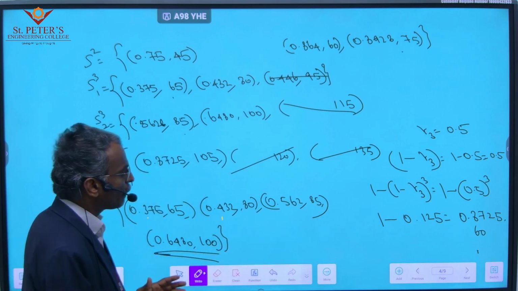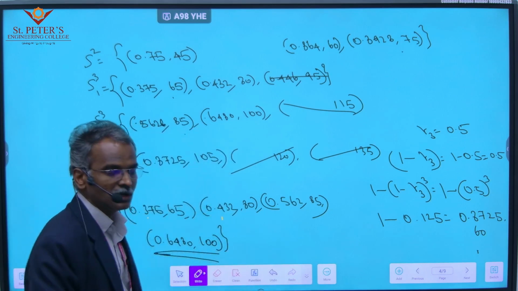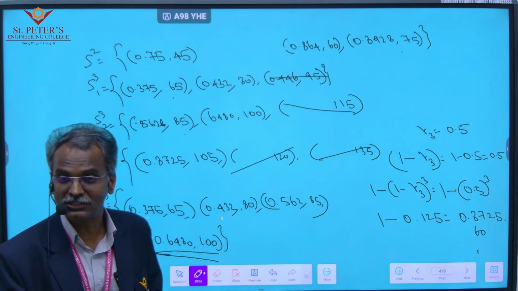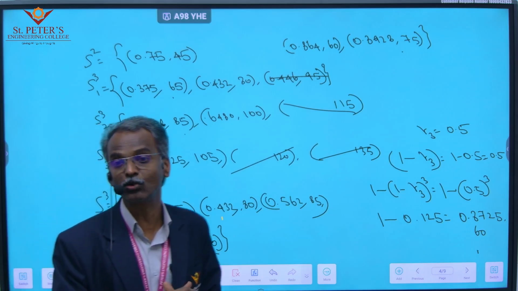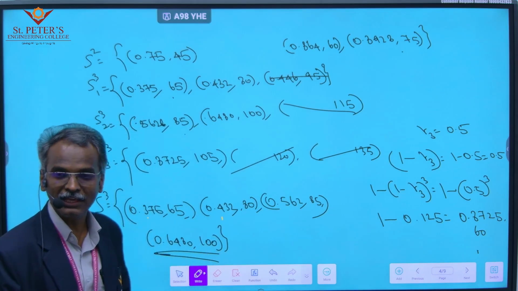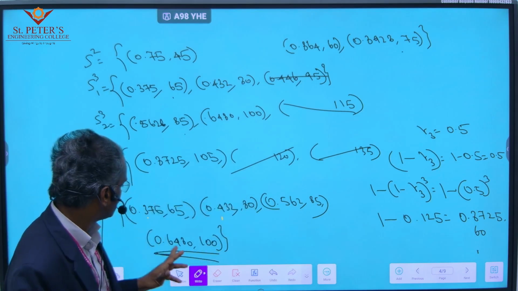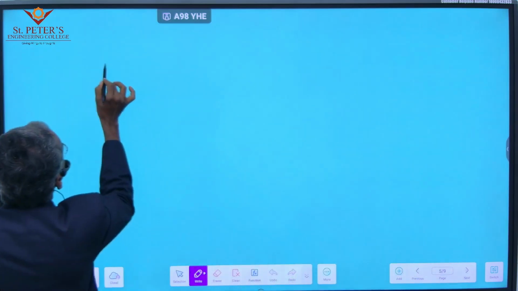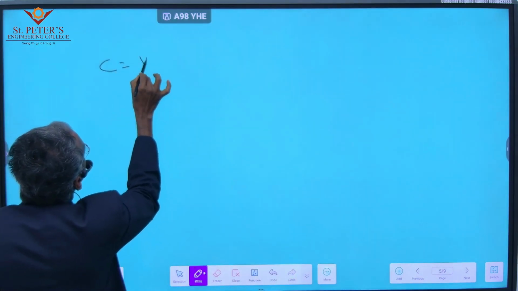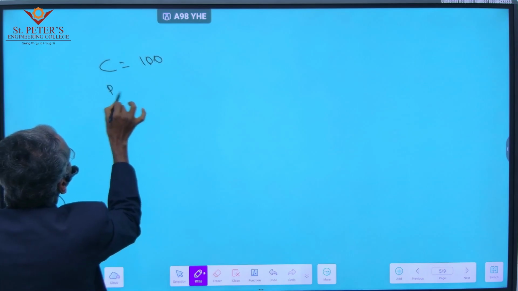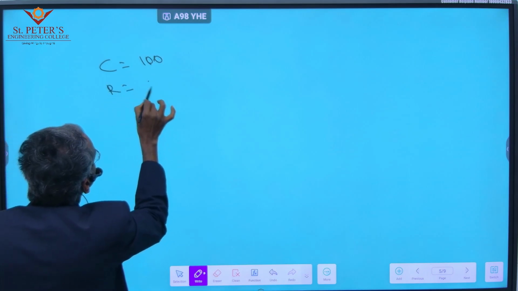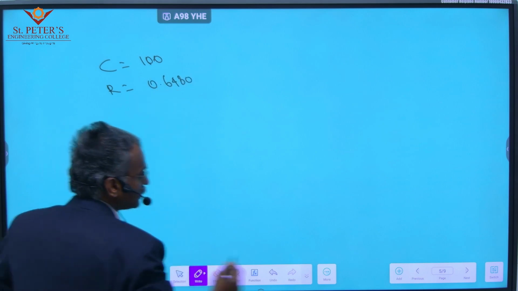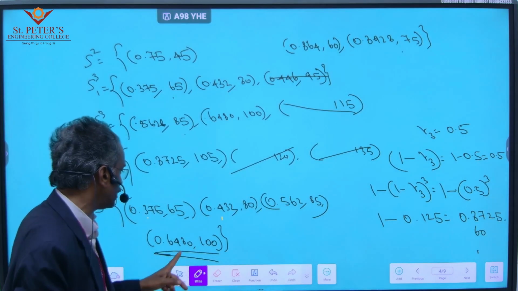Right. Now you may have a doubt: how many copies of each device can we buy at last? That is the conclusion we need to come to. See, we got the reliability 0.6480 and the cost 100.